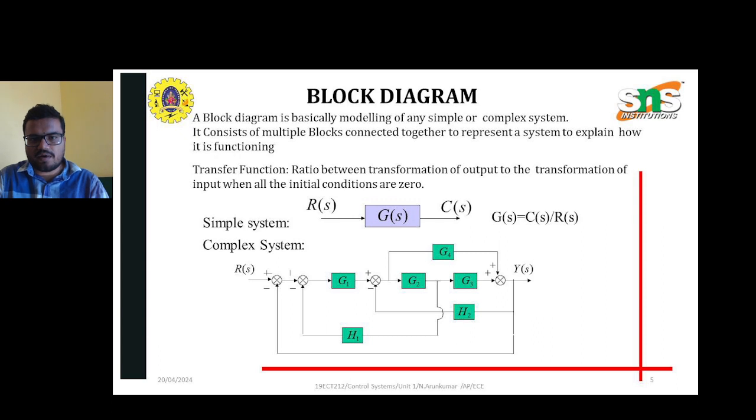The diagram of the input, output, and transfer functions can represent simple or complex systems. A simple system has only one block, but a complex system combines multiple blocks along with the transfer functions.